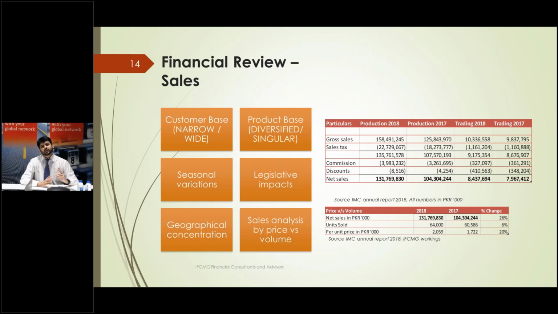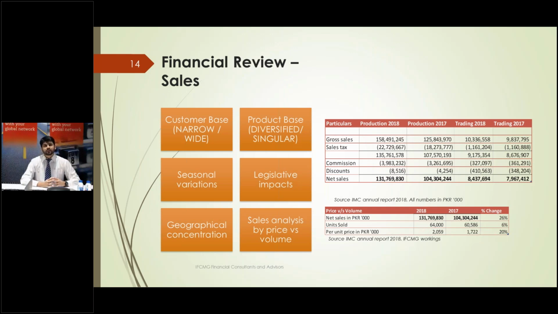Even if there are companies, it's usually either customers buying one car or a company buying 10, 15, 20, 30 cars. So the customer base is very wide, and that is a very good thing in favor of the company. That means that the company does not allow its customers to dictate terms.